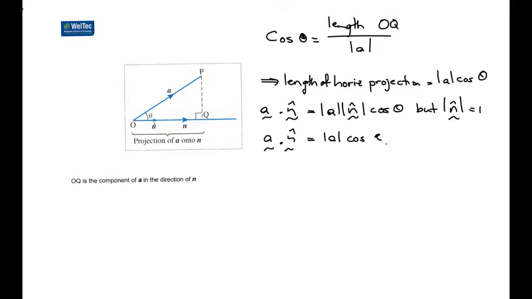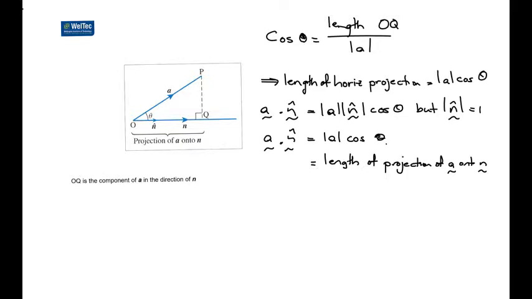Since the length of the horizontal projection is also the length of A cos theta, then A dot the unit vector of n is equal to the length of the projection of A onto n.